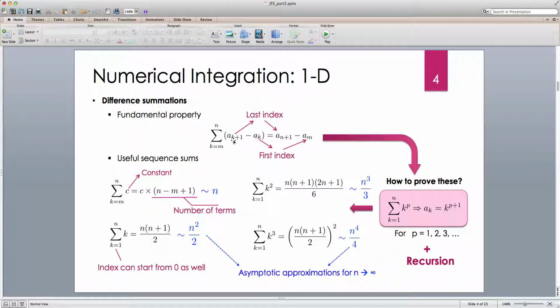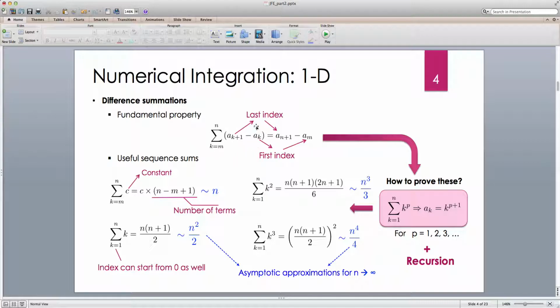So be careful. Here the difference means there is only one unit difference between the indices of these two terms. It has to be k plus 1 and k, okay? It also could be a_k and a_(k-1), but what I'm saying here is that the difference should be exactly equal to 1.